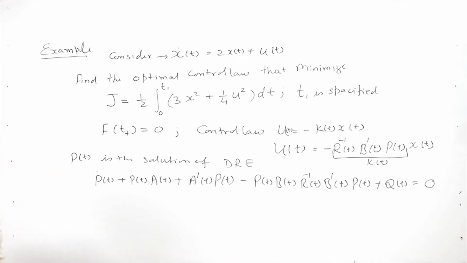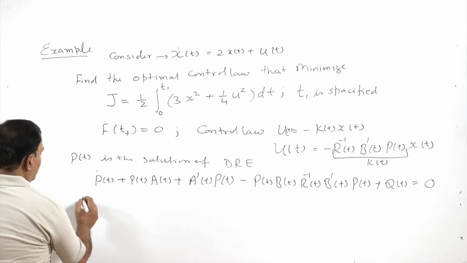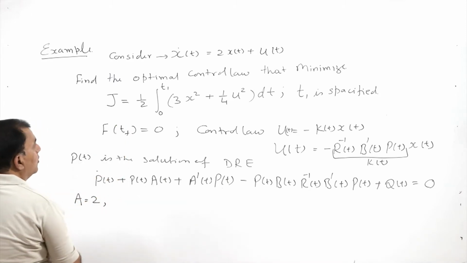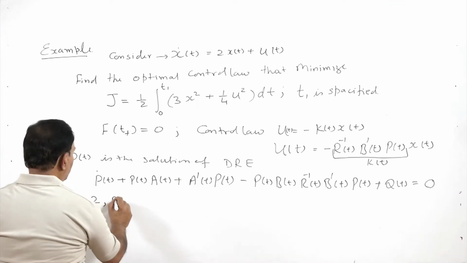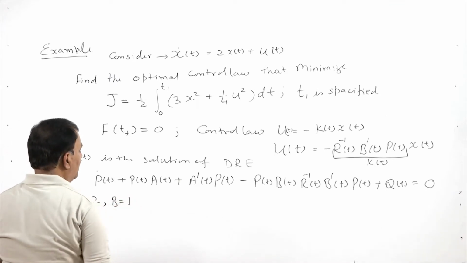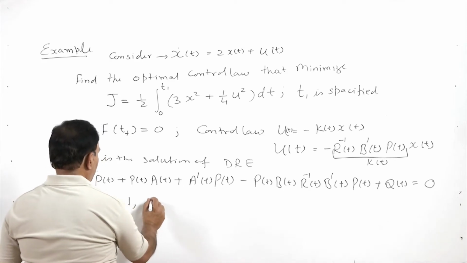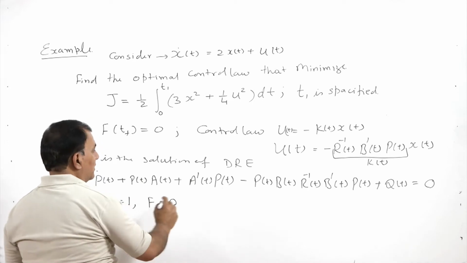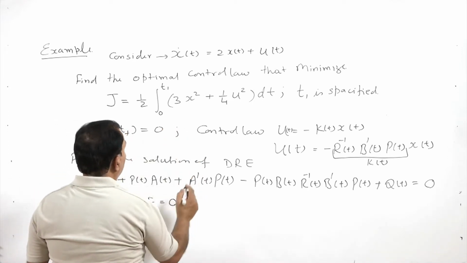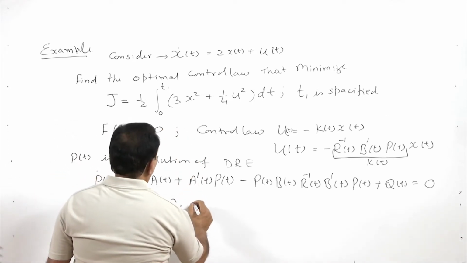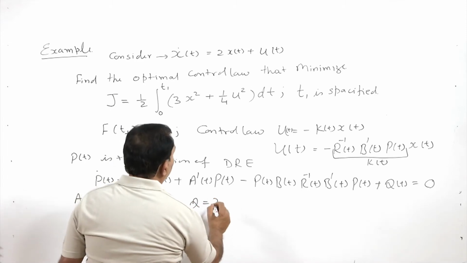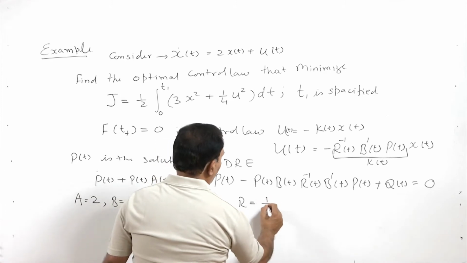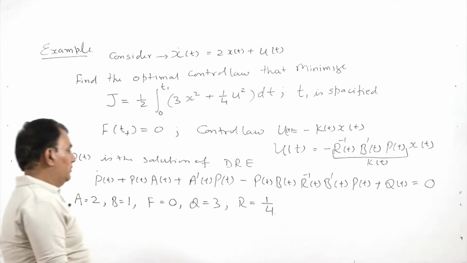Now, let us see what my A is. x dot is 2x, so A is 2, B is 1, F is 0, Q is 3 and R is 1 by 4.